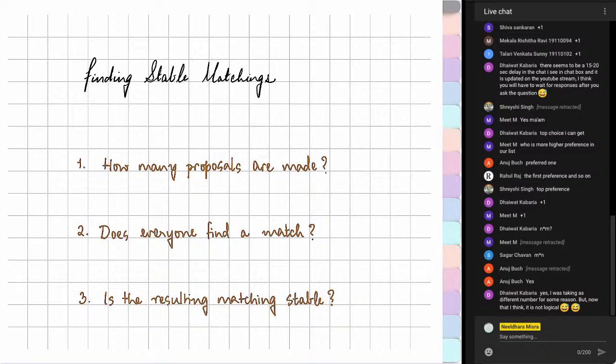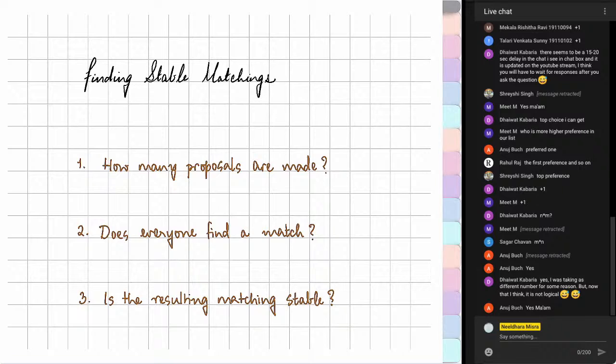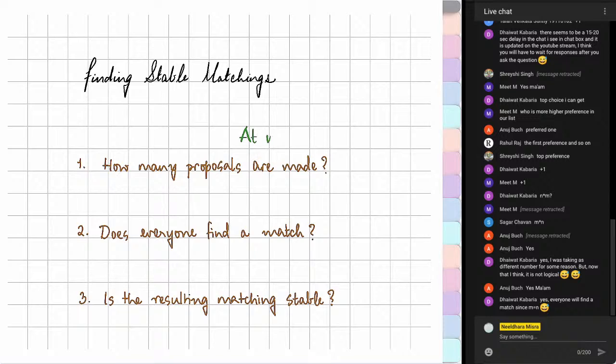Is it possible that somebody is left out, for instance? Okay, so everyone will find a match since m is equal to n.